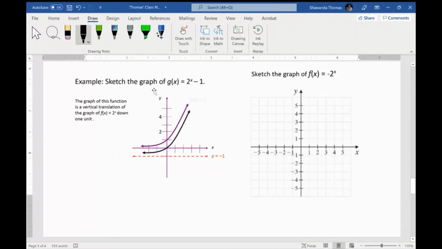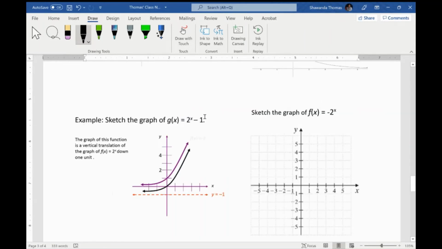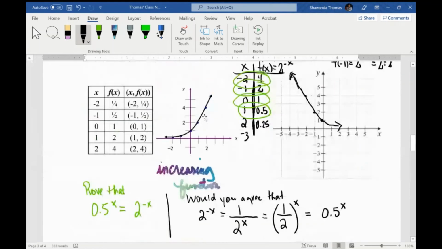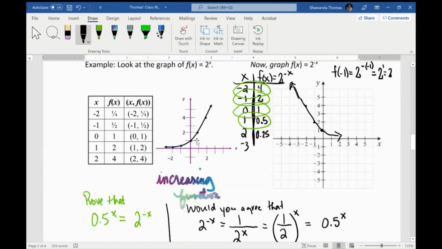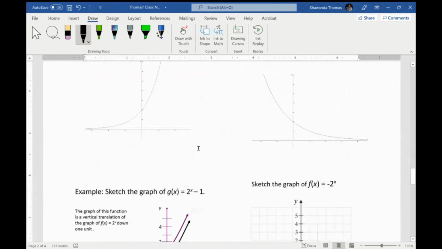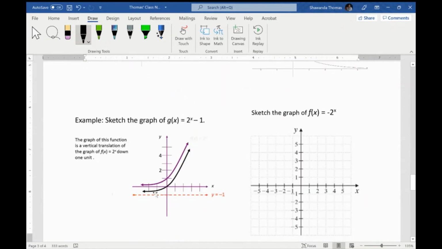Here's an example of the difference between 2 to the x and 2 to the x minus 1. What is the difference? Let's look at the one in purple. That's 2 to the x, similar to what was done already. What happened with the black? Give me some nice math terminology.